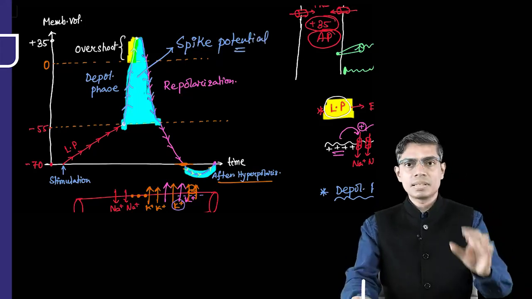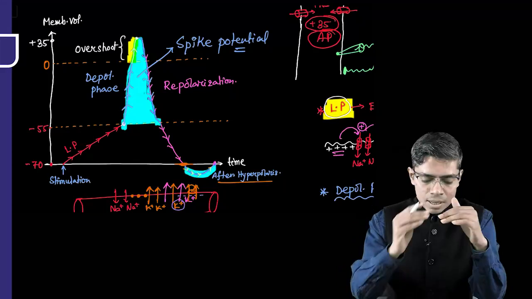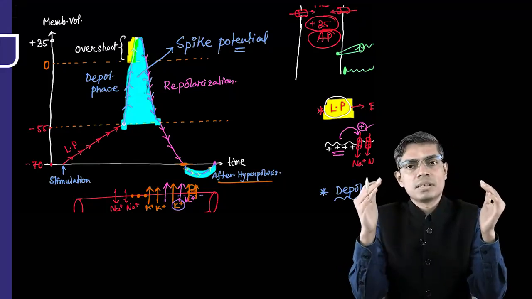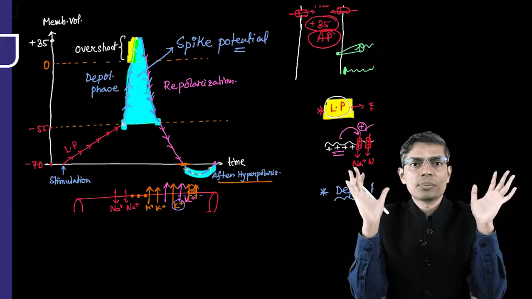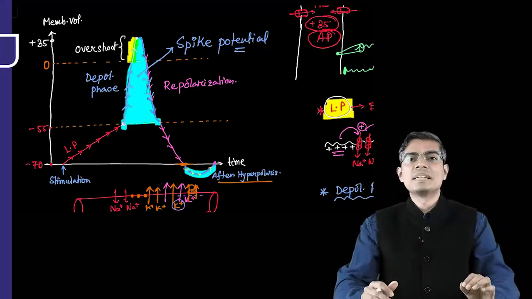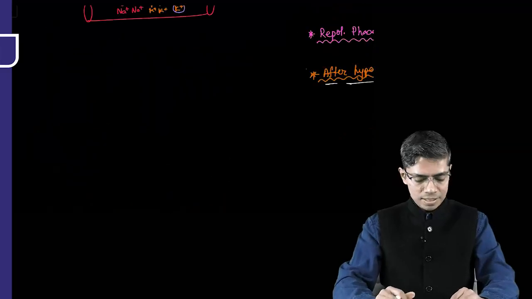So spike potential is nothing but the part of action potential which is above the threshold voltage. Getting my point? So this is all about the different phases of action potential.